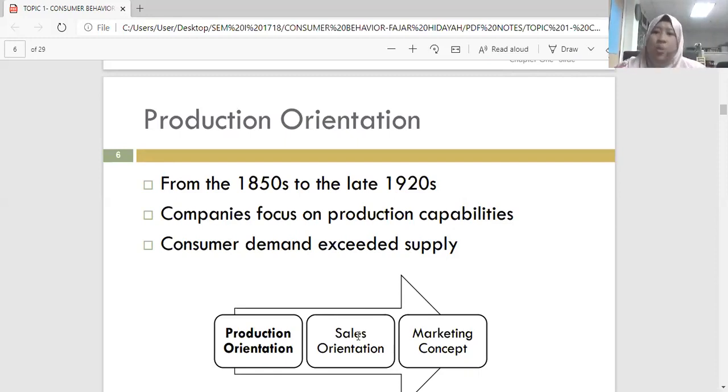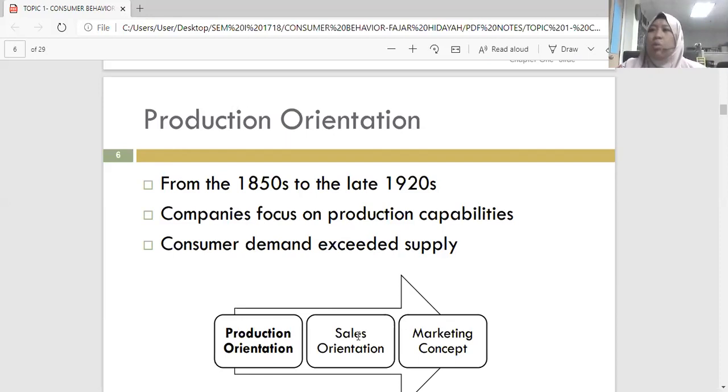You have to produce, and your performance is based on production. If you perform more, you are a performer. If you perform less, you are an underperformer. It started from the 1850s to the late 1920s, and companies focused on production capabilities. If the company had multiple machineries and technology to enhance production, the company would beat the others.